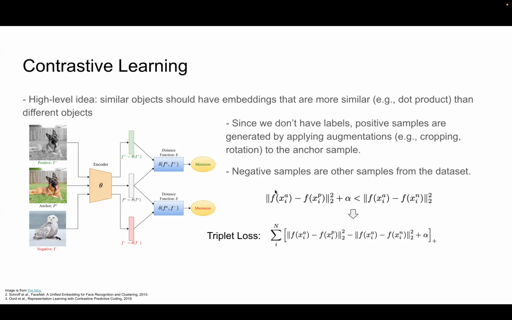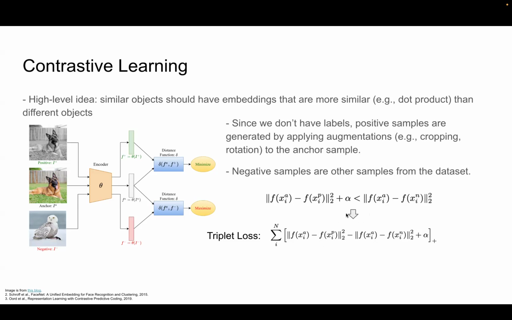And in this inequality, the left-hand side is the distance from the representation of the anchor image to the positive image. And then on the right, we have the distance from the anchor image to the negative image. And we want the positive distance to be at least alpha amount smaller compared to the negative distance.